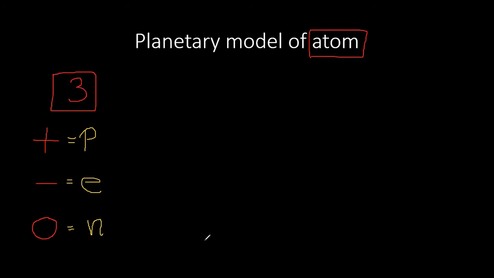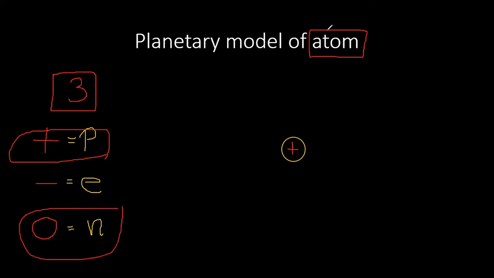So how do these three particles arrange inside the atom? He found that inside the atom there is a small area, and this area is positively charged. In this small area, the positively charged protons and neutral neutrons are gathered.